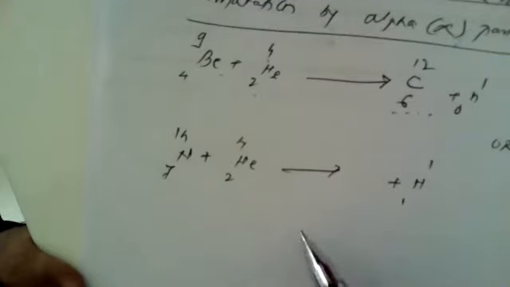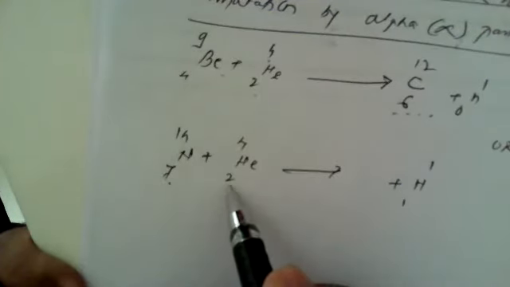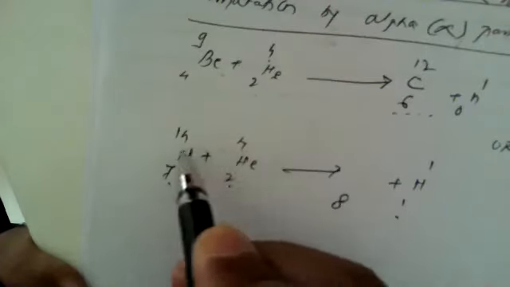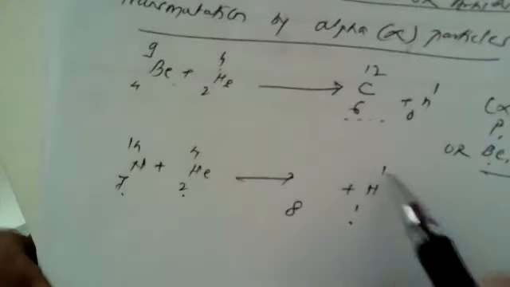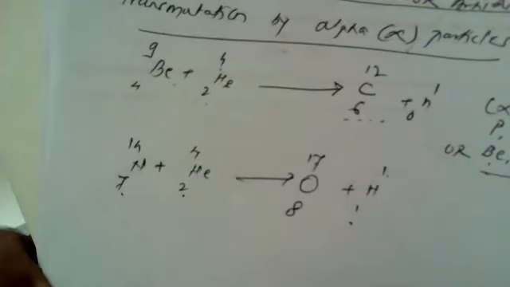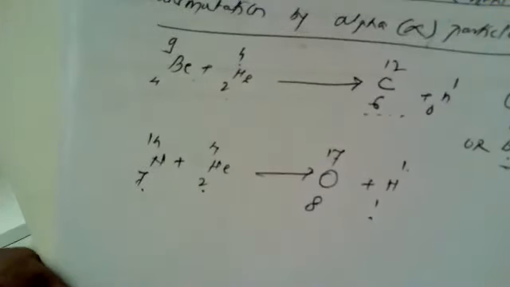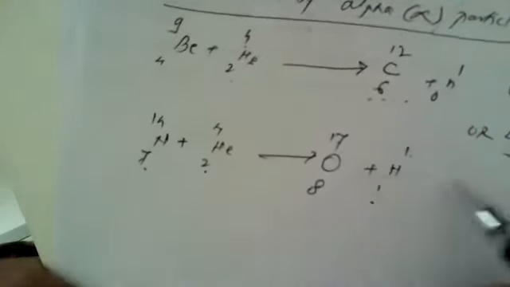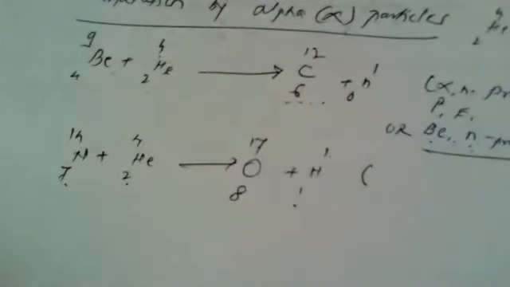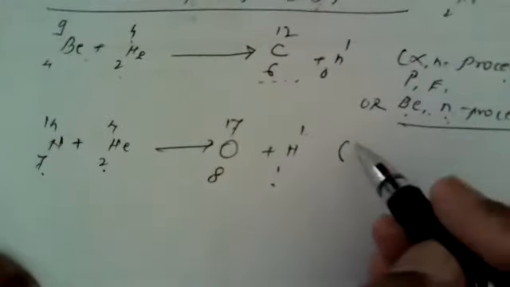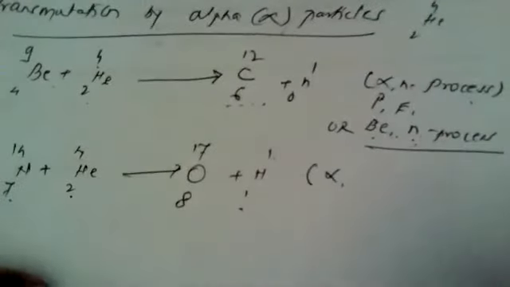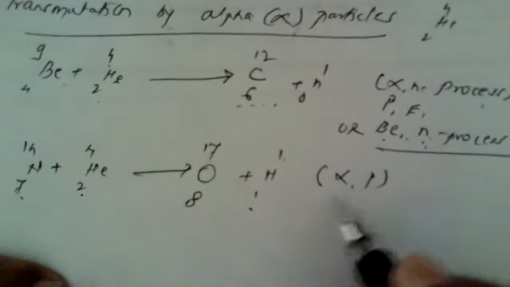If a proton is ejected, 7 plus 2 is 9, minus 1 is 8. 14 plus 4 is 18, minus 1 is 17. So an isotope of oxygen is obtained by bombarding this nitrogen nucleus with alpha particles. How can we write this reaction according to Bethe's notation? Here the particles we have used are alpha particles and protons are ejected.